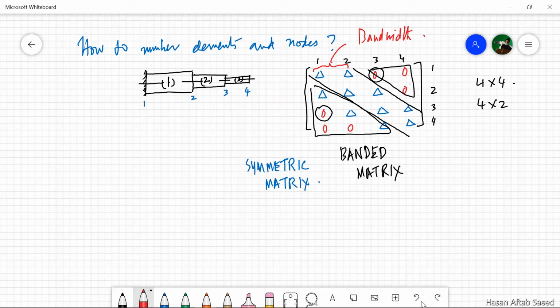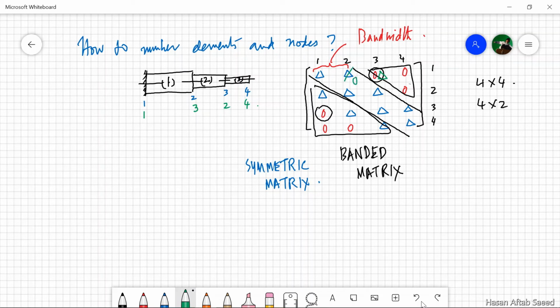Now consider this, just an experiment. If we had numbered this like this, and there's nothing wrong with this, 1 3 2 4, you'll get the same answers. But now consider 1 and 3 are connected. If this is the numbering scheme, then a number will come here, and 2 and 1 are not connected, so a 0 will come here.